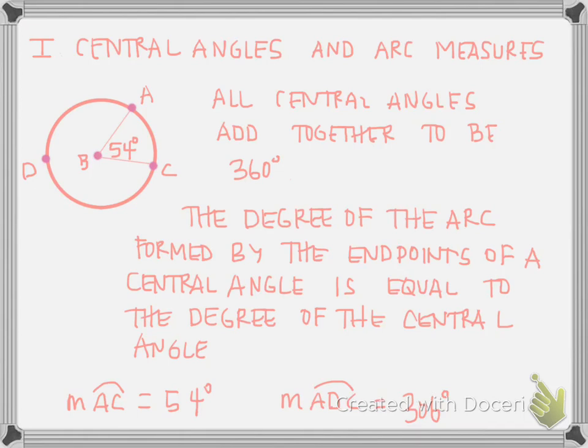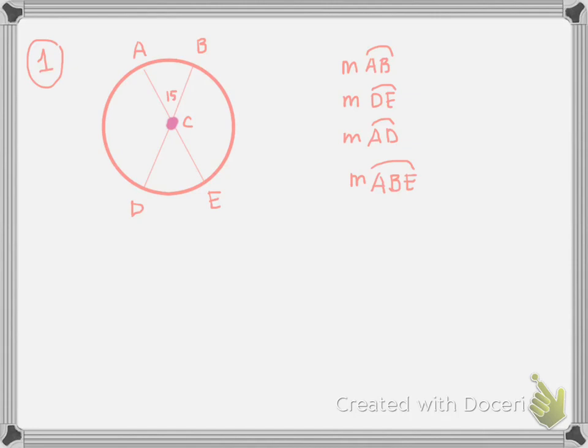All right, let's do some examples. Here's a circle with a center point C. I know one of the angles is 15 degrees. So that means the measure of arc AB is also going to be 15 degrees.